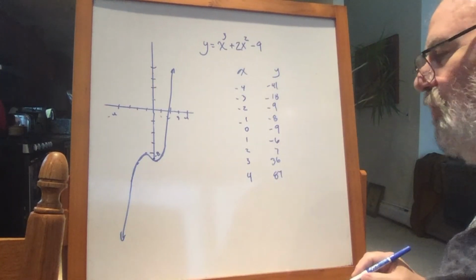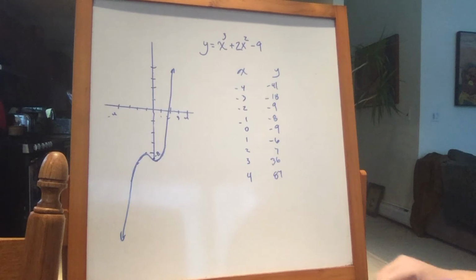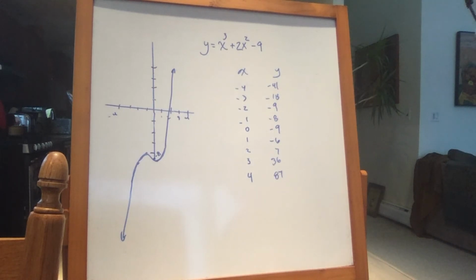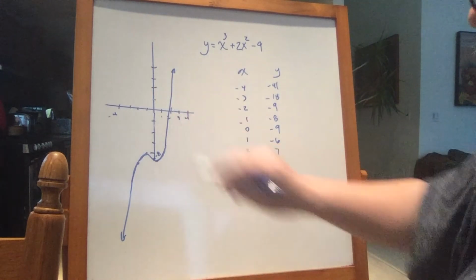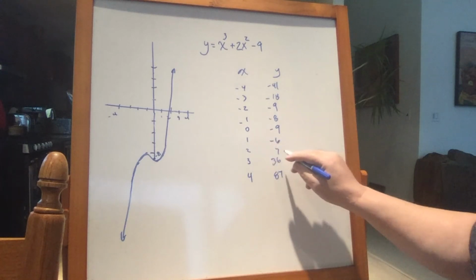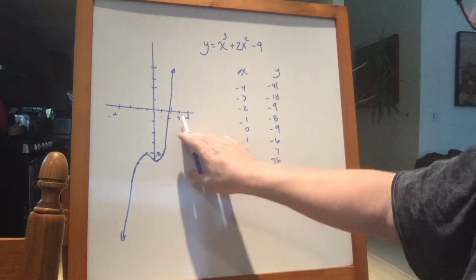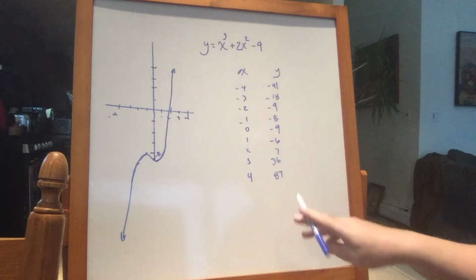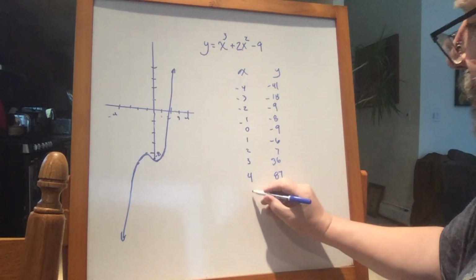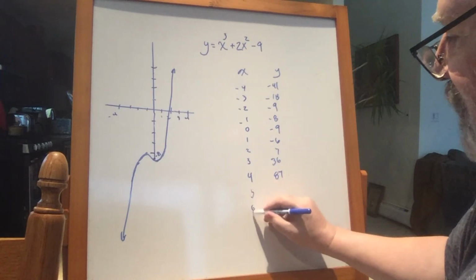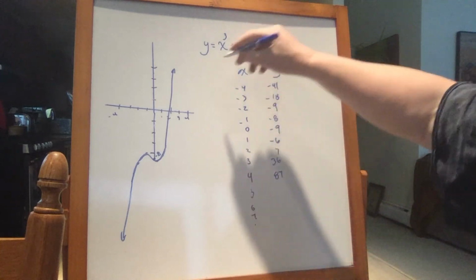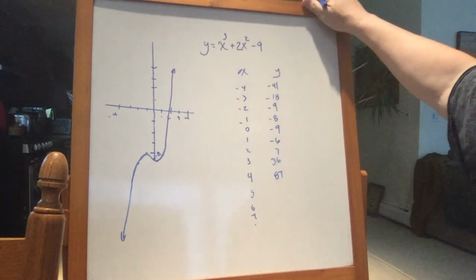But we're just assuming that, you know, we don't know for sure. We don't know the 0 exactly, but we presume that there's a 0 here. We know that for all the positive numbers, 6, 7, all that, this is going to be positive, so it's going to be way off the chart.